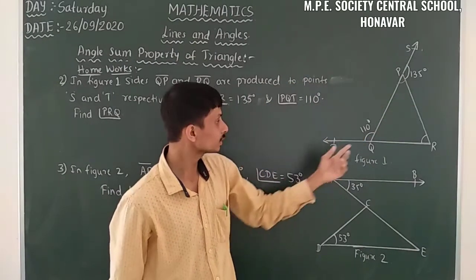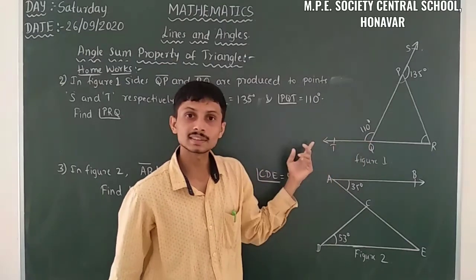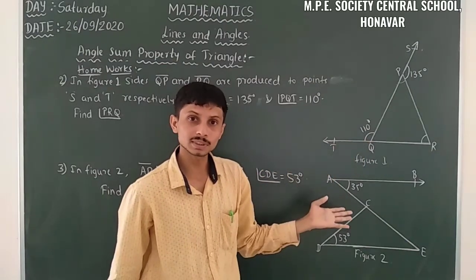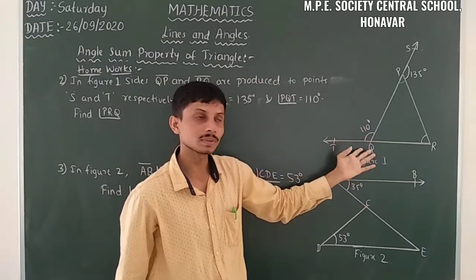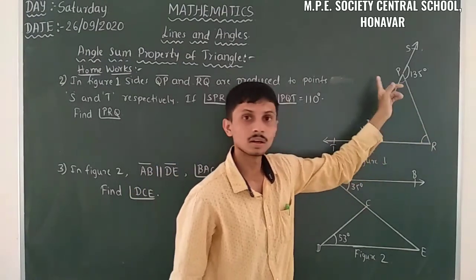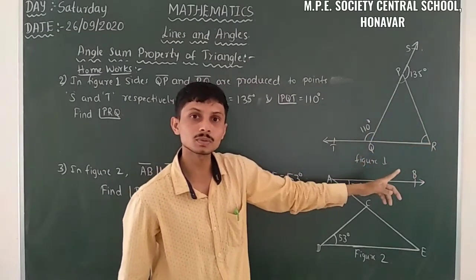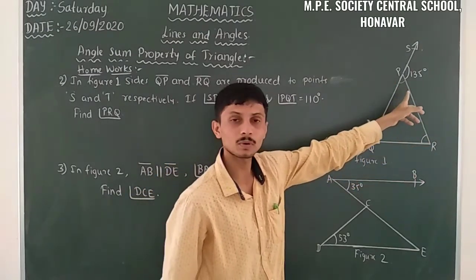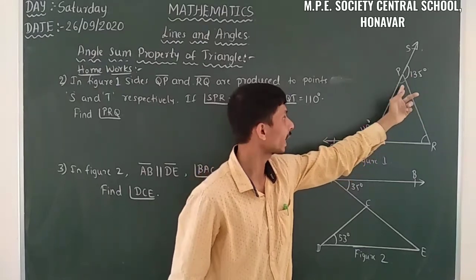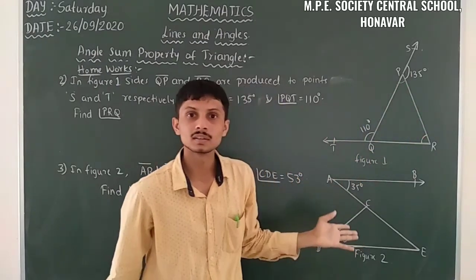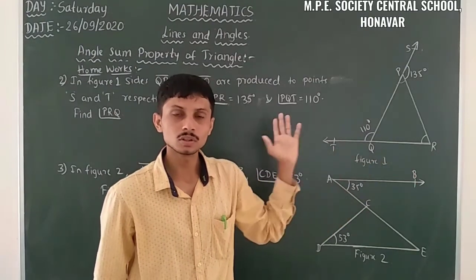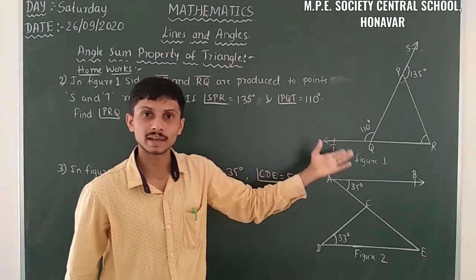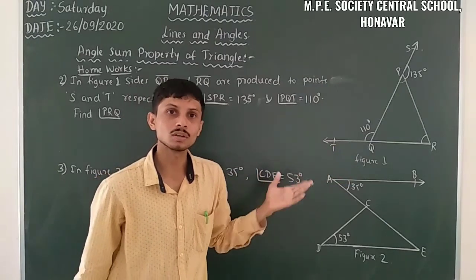Also, an exterior angle is formed here, so from theorem 6.8, the exterior angle is the sum of the interior opposite angles. So when we have already found this angle, we can find that unknown angle. I hope this question is very easy to solve at home.